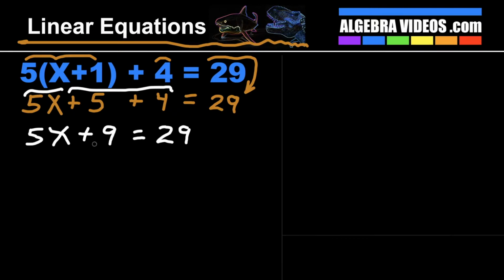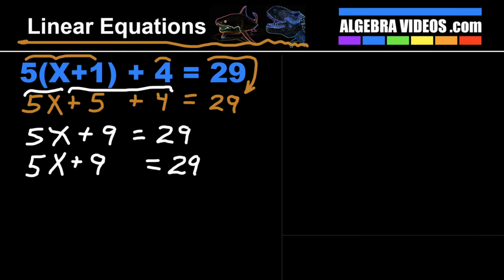Now, I would like to get rid of the 9 that's over here on the left because we're trying to get x by itself, right? So let me rewrite this equation. 5x, you can always rewrite an equation anytime, plus 9. And I'm going to leave a little bit of room here and skip over here to the right and say 29. So all I did was rewrite the equation.